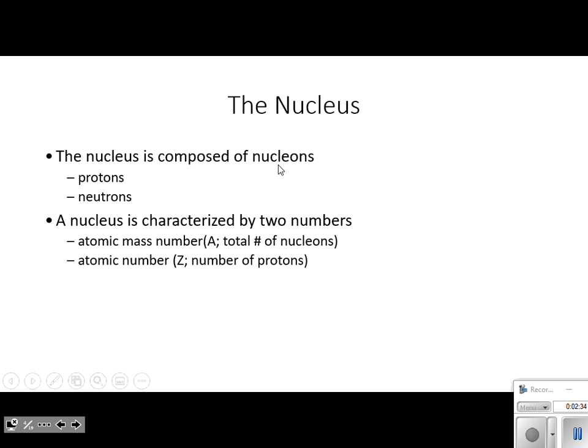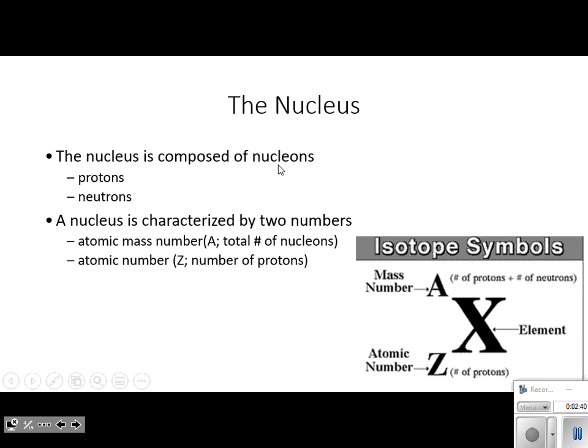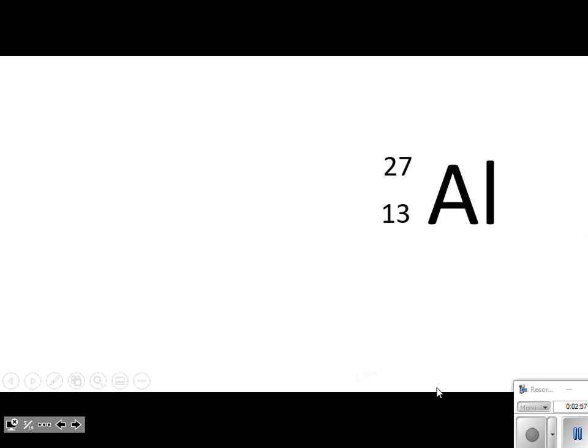The atomic number, we represented Z, is the number of protons. So when I bring up this diagram here, the element is letter X, the symbol for the element. Okay? The number of nucleons right here is A. The atomic number, which is the number of protons, is Z. So when we look at a specific one of these, aluminum here, okay?